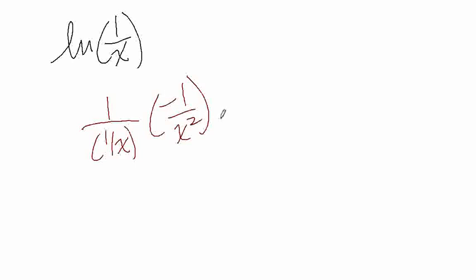So to calculate the derivative, first I'll write 1 over the argument, so 1 over x, times the derivative of 1 over x, which can be written as minus 1 over x squared. So now we can multiply the denominators together, and that gives x, so minus 1 over x. All right?